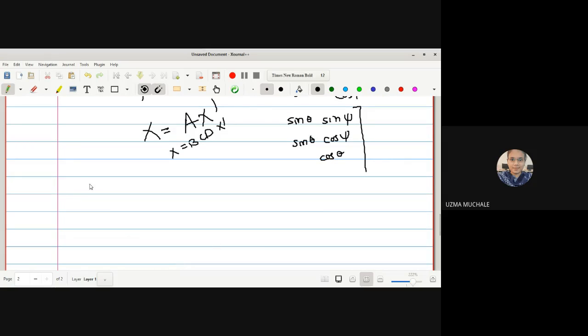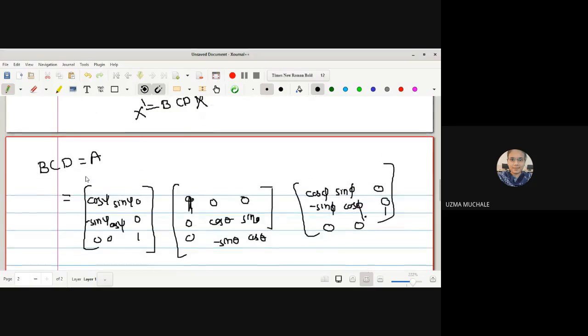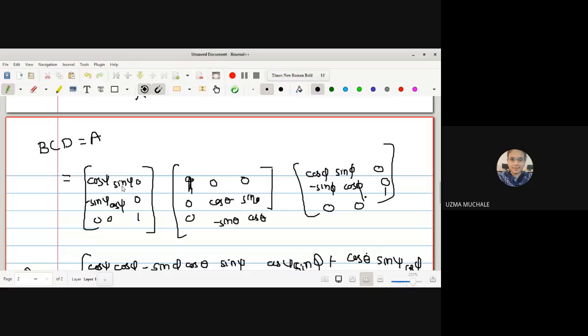Now we know that it is an orthogonal matrix. How to check whether it is an orthogonal matrix? We have to check the orthogonality condition. That means if you take any row or column and multiply it, it should be equal to 0, right? If you take any row or column and multiply, what you get is cos psi times sin psi minus, and this is plus.